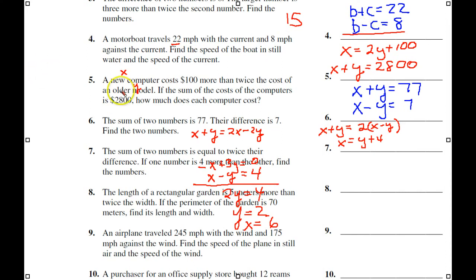Now for number 5, as I look at it, it says a new computer costs $100 more than twice the cost of the older computer. So the new computer I'm going to call X. The old computer cost I'm going to call Y. So X is equal to twice the cost of the old computer plus $100.